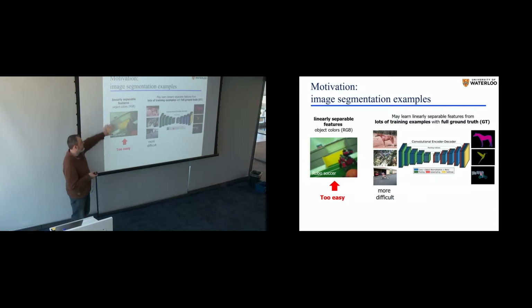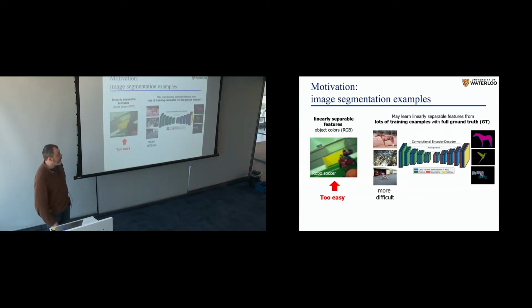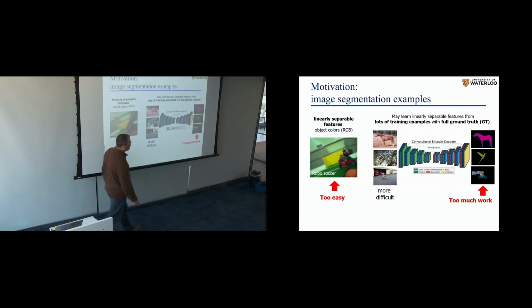So instead of having them on the input, the network learns how to embed the images in a way that features are separated. But in this case, you have to do a lot of manual labor to generate those fully annotated pixel-accurate masks in order to achieve this.